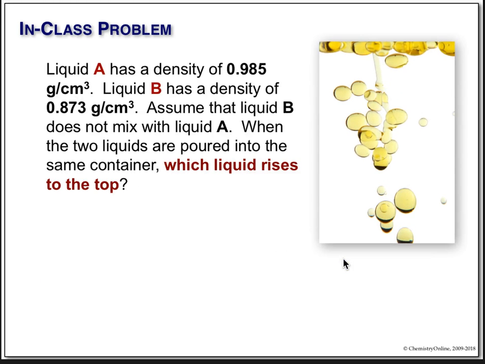One more simple question here. Liquid A and liquid B, density of 0.985 and 0.873. Which one floats? Ever made salad dressing?